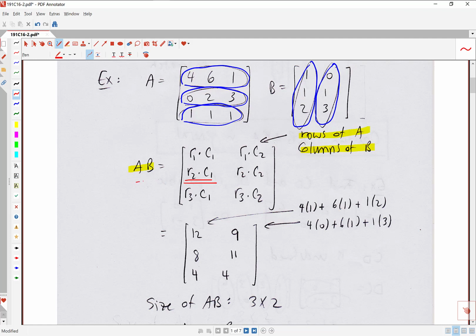So this is in position row 2 and column 1. Therefore, we're going to be taking row 2 of our matrix A, and we're going to be doing the dot product with column 1 of B.